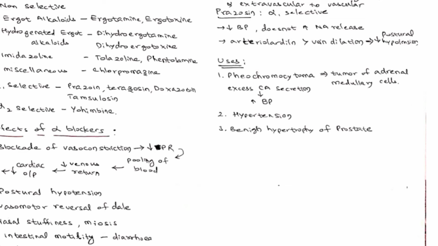Coming to the uses of alpha 1 blockers, they are used in pheochromocytoma. Pheochromocytoma is a tumor of adrenal medullary cells where there is excessive formation of catecholamines, leading to an increase in blood pressure. So these alpha 1 blockers can be administered to reduce the activity of noradrenaline or other catecholamines released during the excessive spurt of catecholamines.